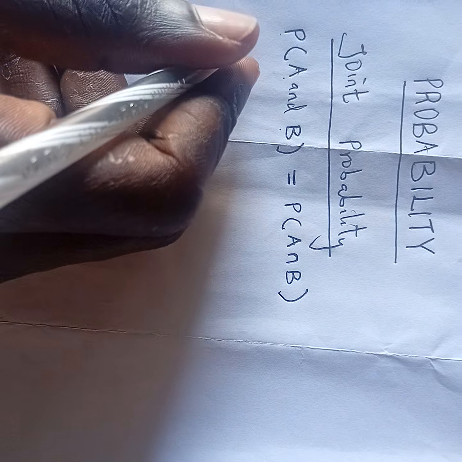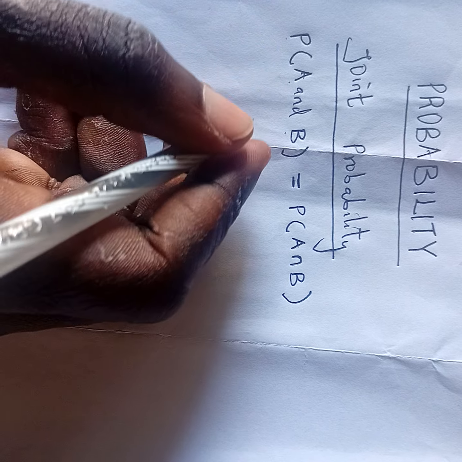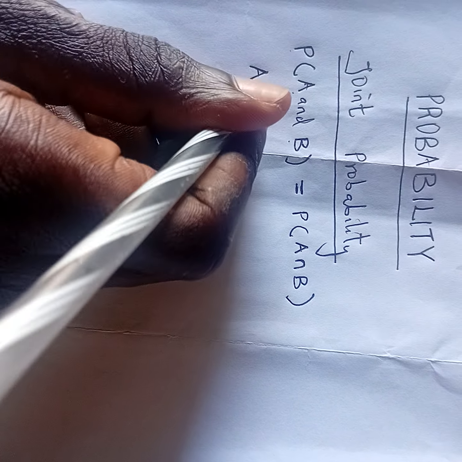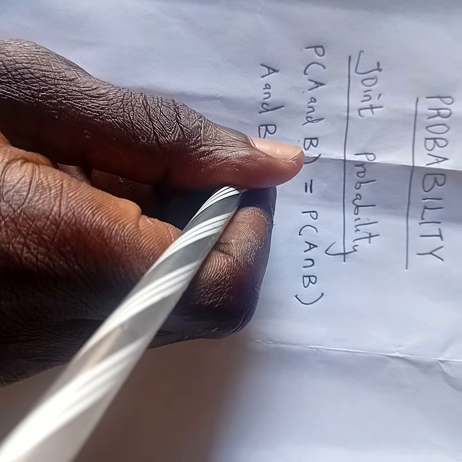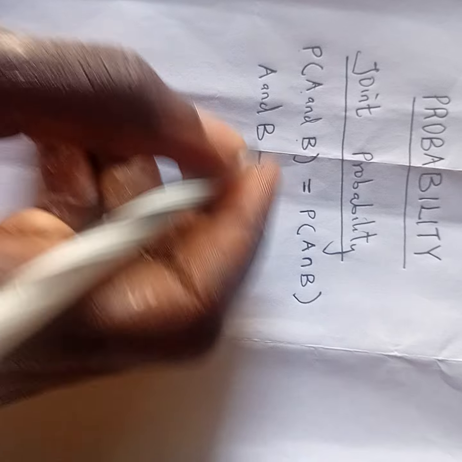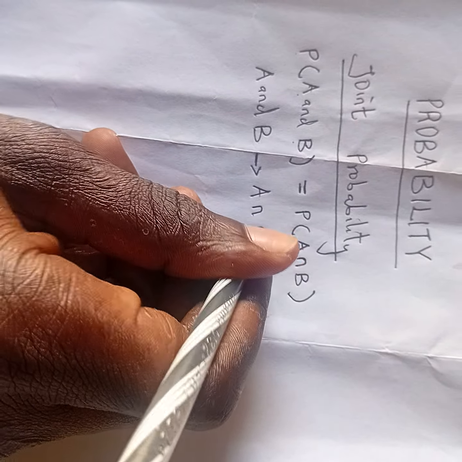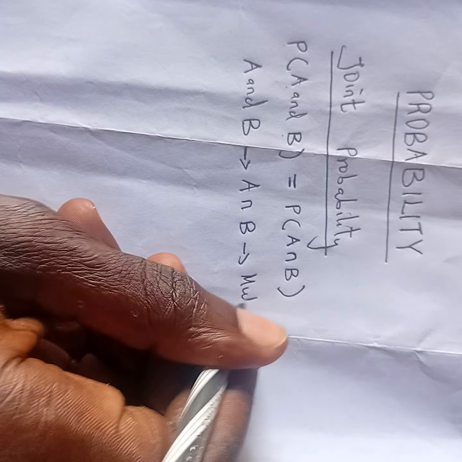Remember, in our first video on marginal probability, we said that for A and B, the relationship between A and A intersect B is associated with the multiplication rule.